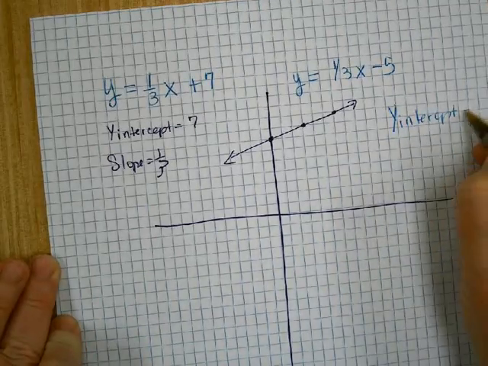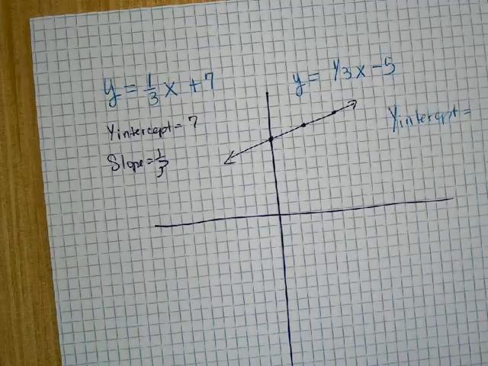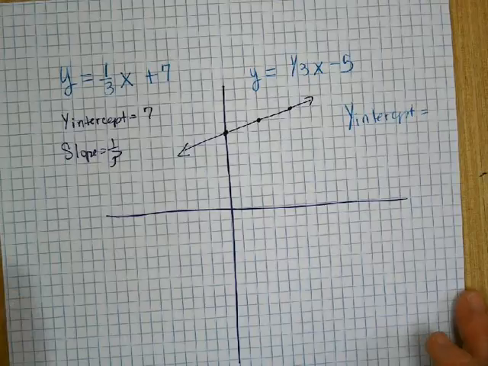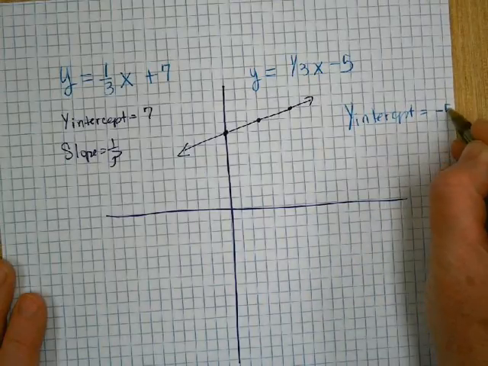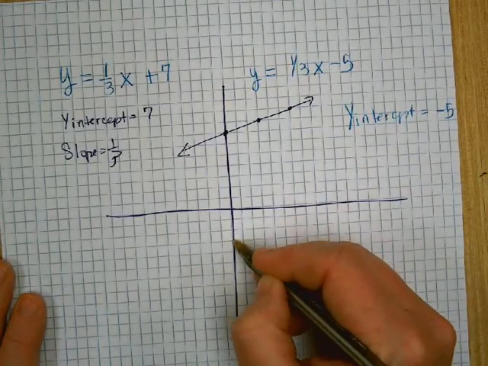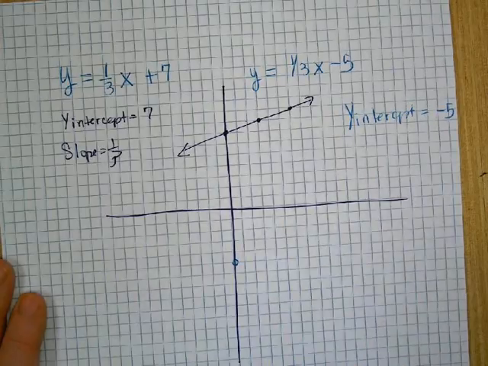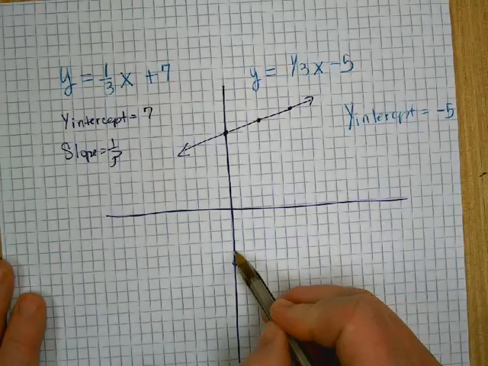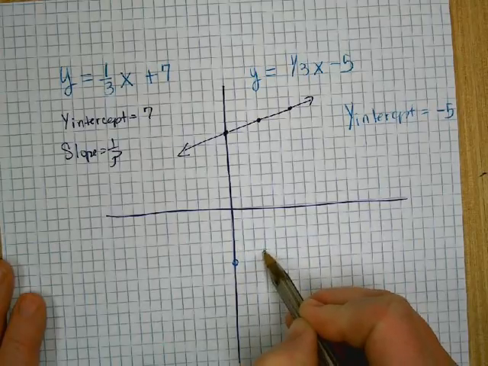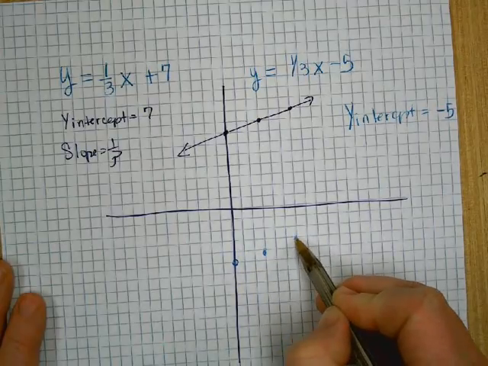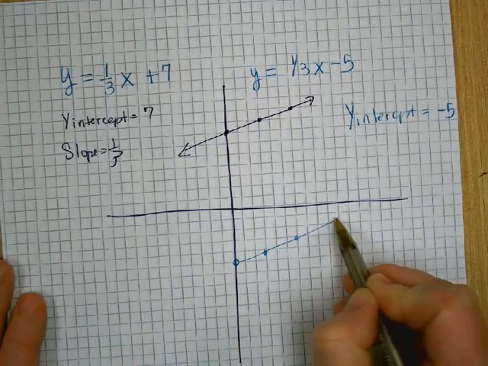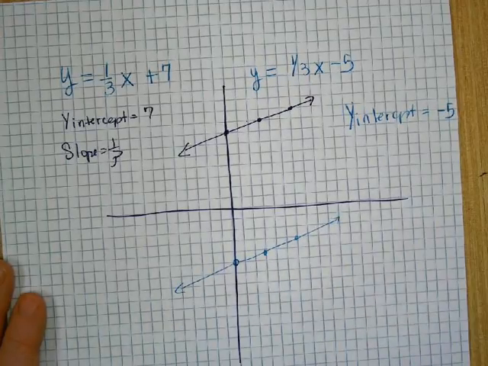What's the y-intercept? -5. So I know it's going through that point. And what's the slope? 1/3. So I need to go up 1 and over 3. I can apply that again. Do they appear to be parallel?